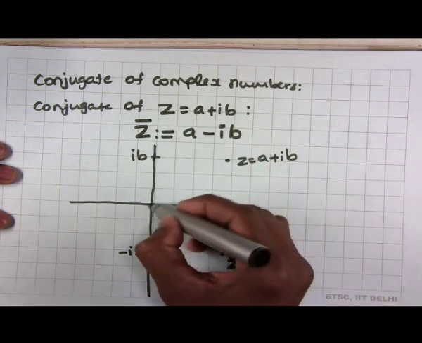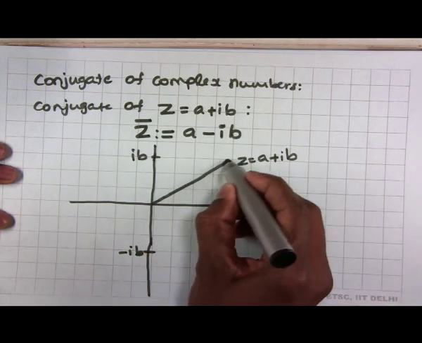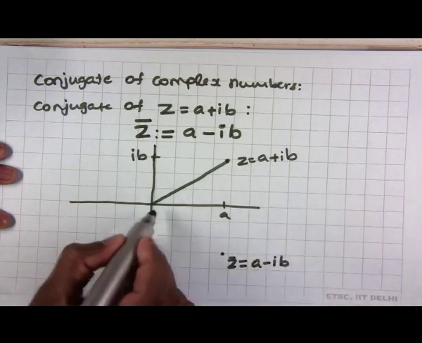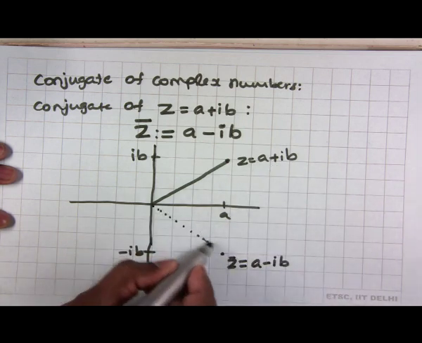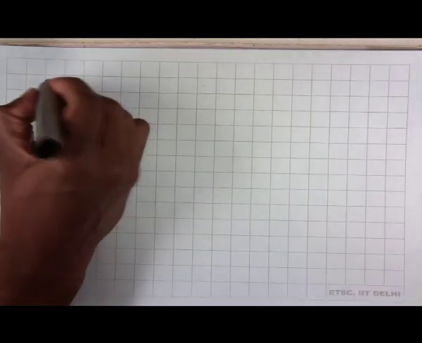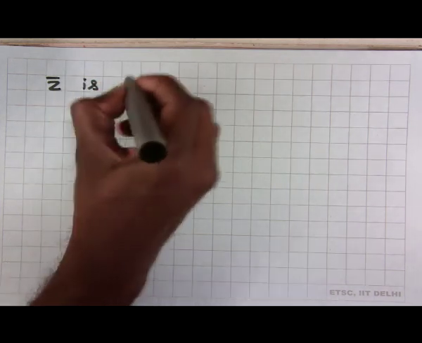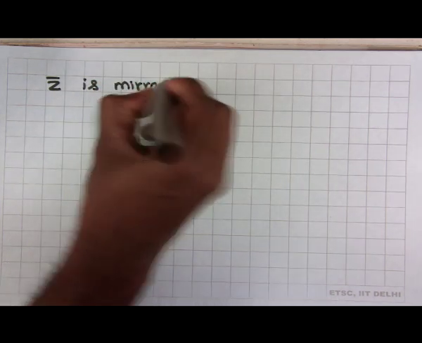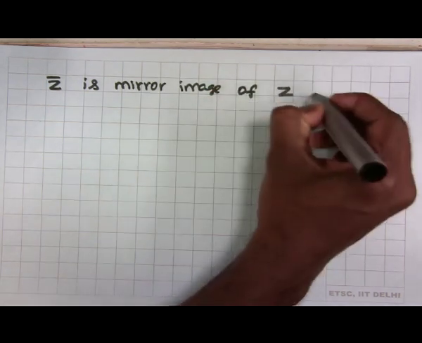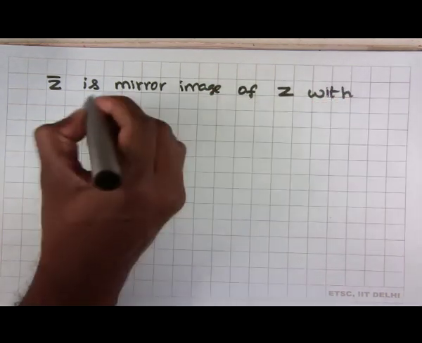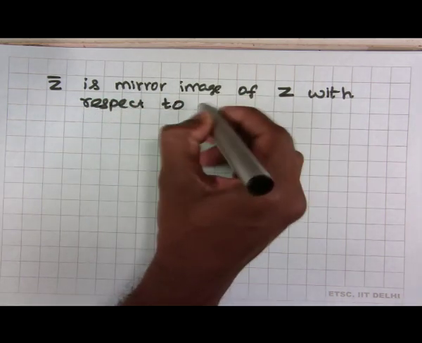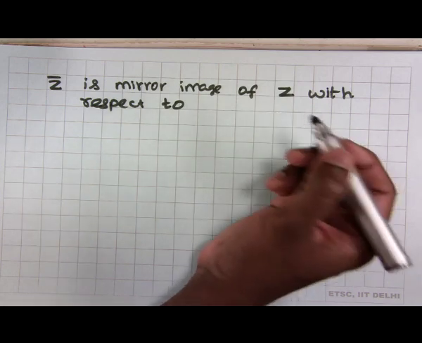If we see, this is nothing but the mirror image of z with respect to the real axis. So, z bar is nothing but the mirror image of z with respect to, we can say, the x axis or the real line.